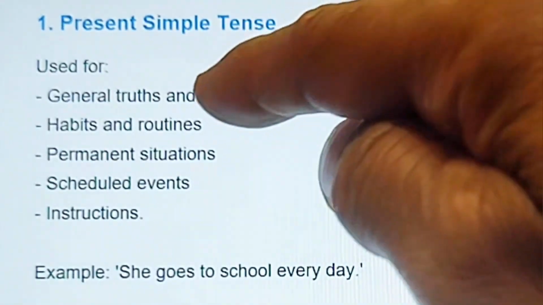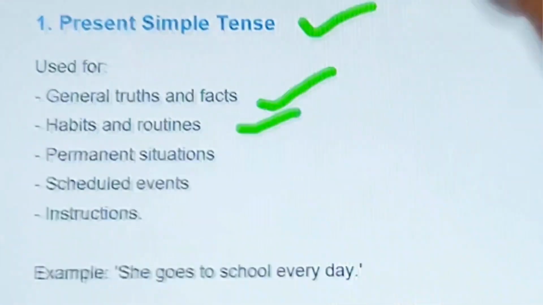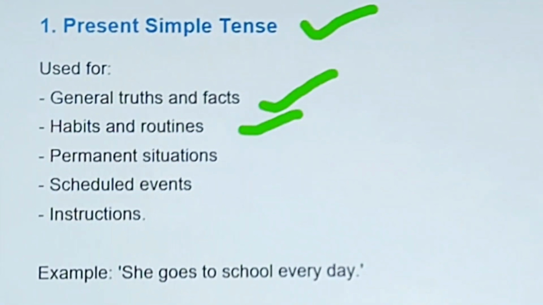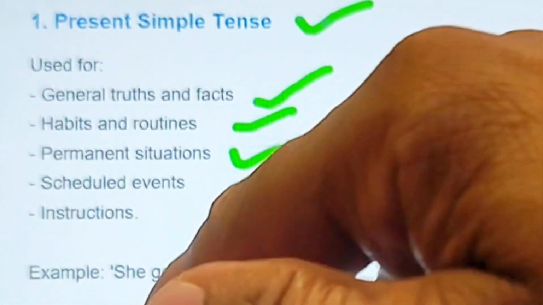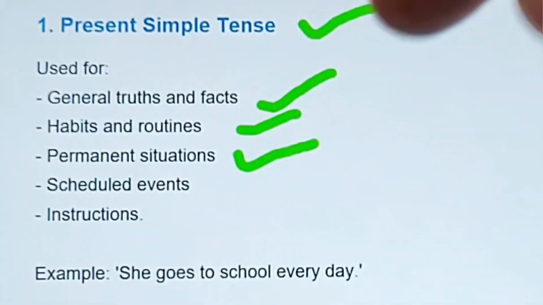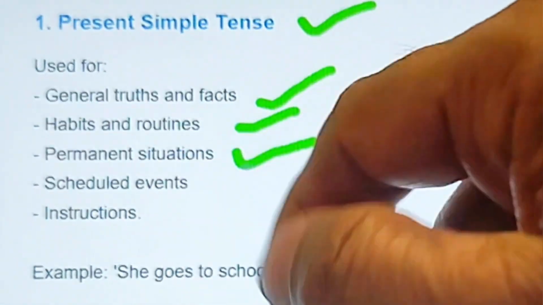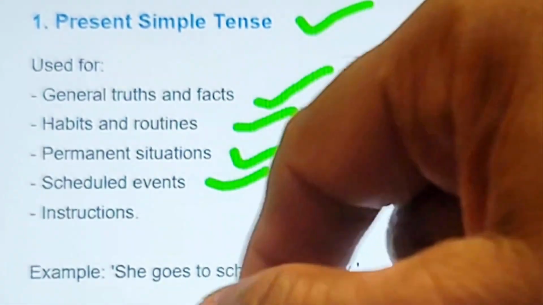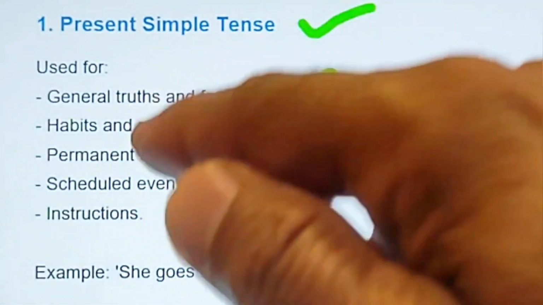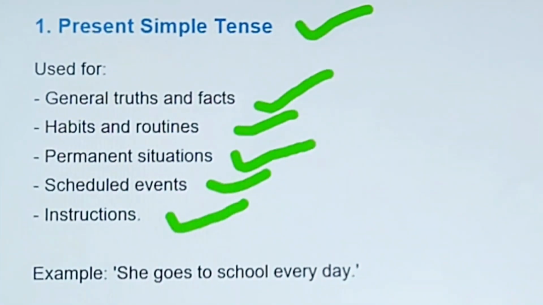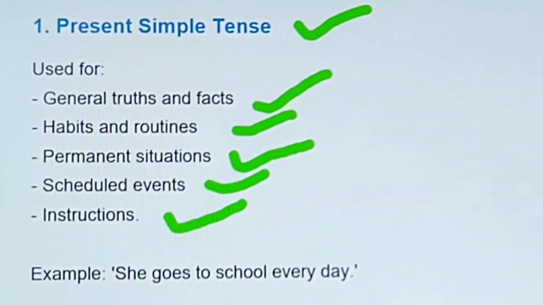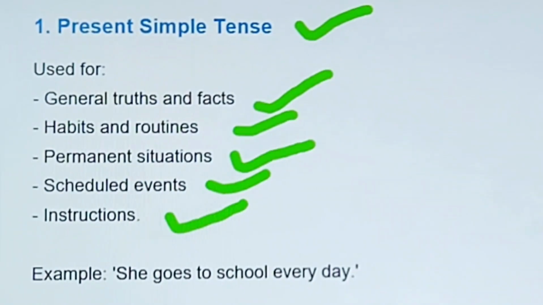On a habit or routine we use present simple tense. On a permanent situation we use that one as well. We use present simple tense for scheduled events, and also for instructions, when we are giving instructions for something. Let's have an example here.